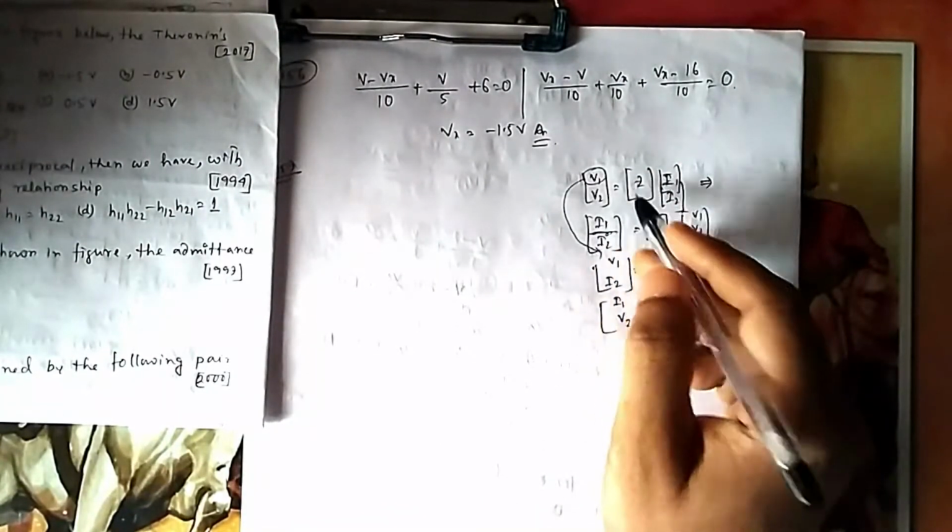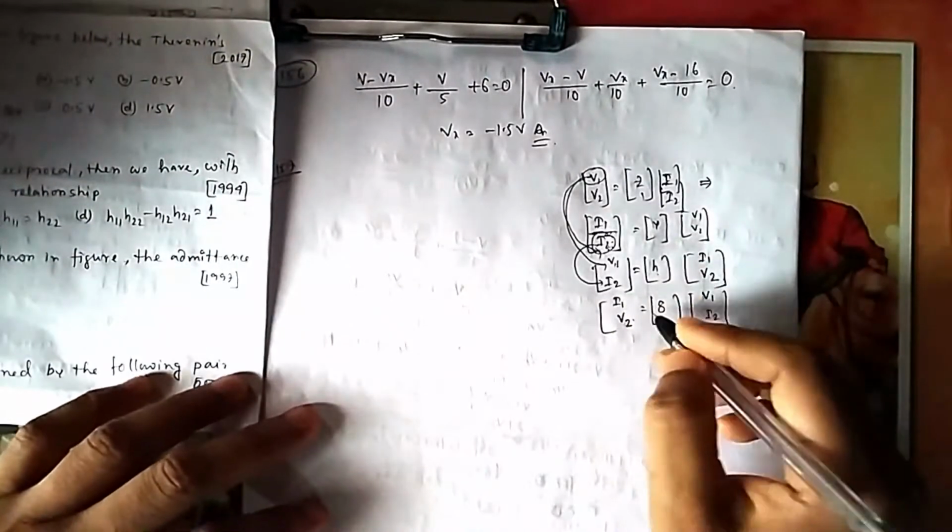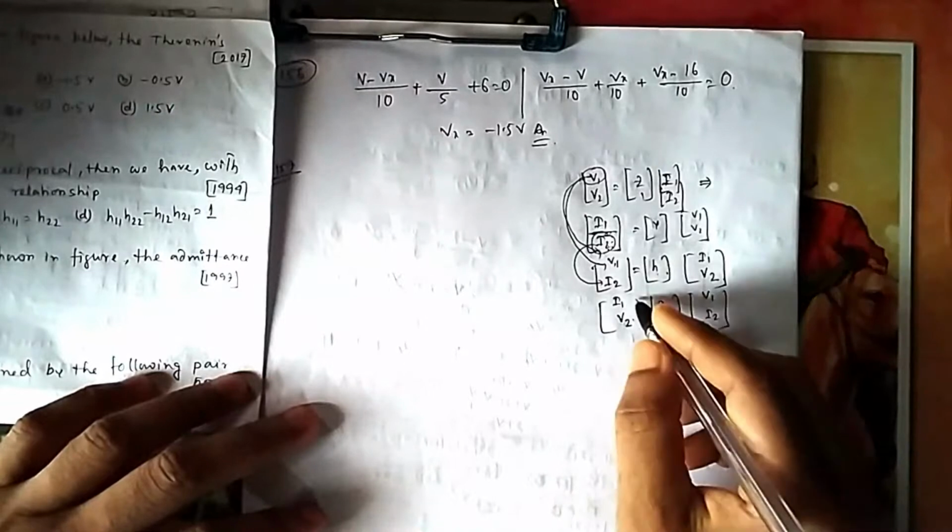Just the inverse. You can think H is a mix of these two, so it is hybrid: the first one from here and the second one from the second, and G is just the inverse of this. So this is hybrid, inverse hybrid, and the last one is ABCD.